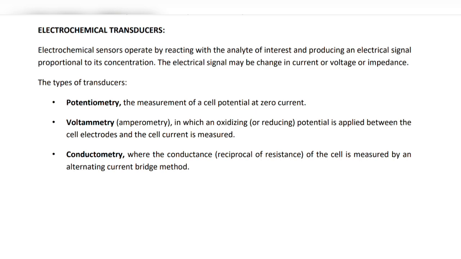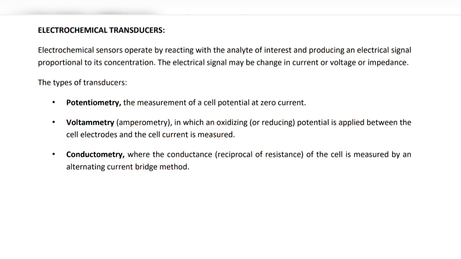In potentiometric sensors, the cell potential at zero current is measured. In voltammetric or amperometric transducers, an oxidizing potential is applied between the cell electrodes and the cell current is measured. In potentiometry, potential is measured.